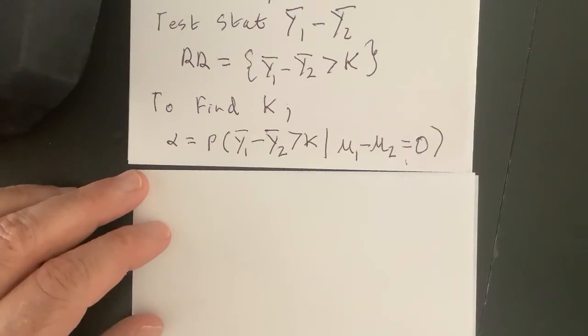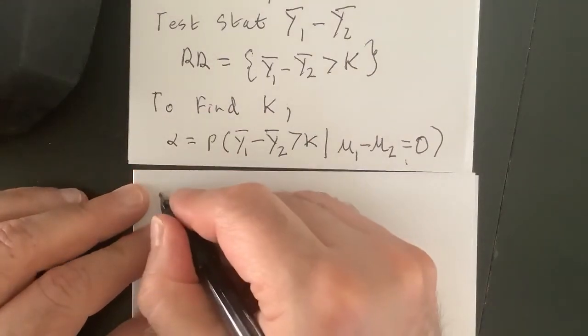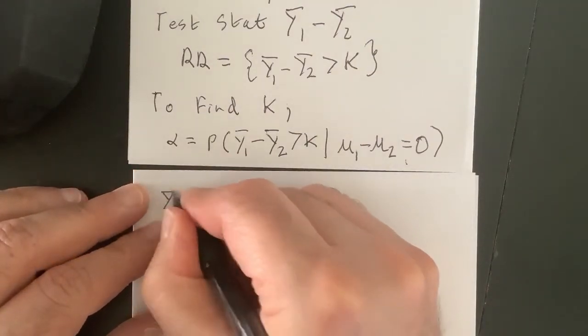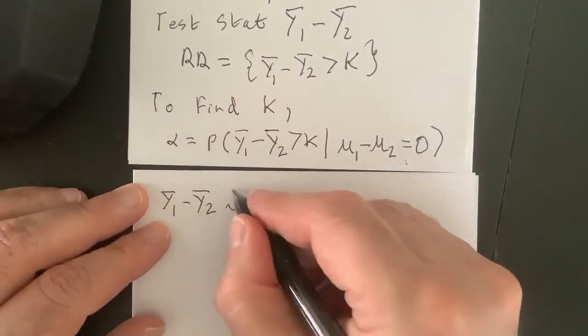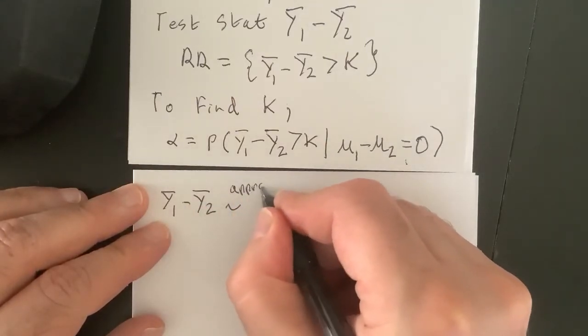Alpha, the probability I reject, given H0. And, right, what is the distribution of y1 bar minus y2 bar? It is approximately normal.